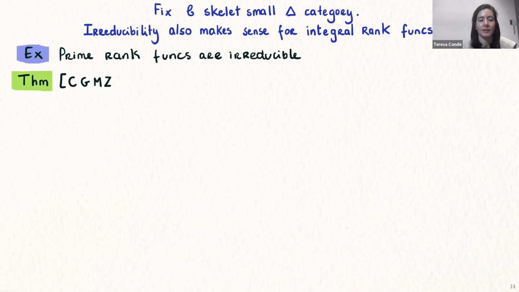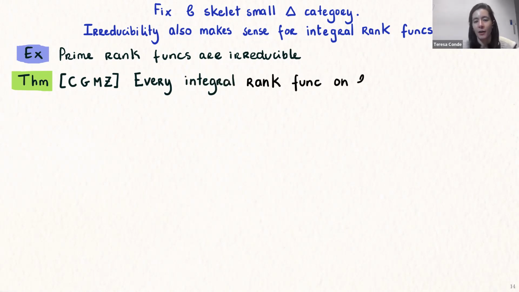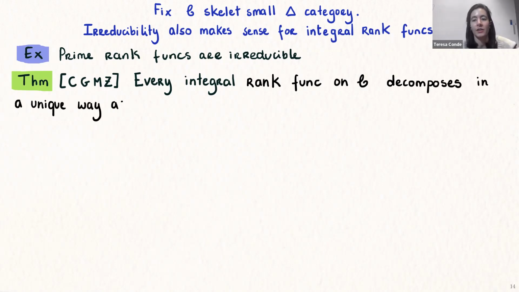We have the following theorem, which is an analog of the result of Crawley-Boevey we have seen before. Using our translation result and adapting it, we can prove that every integral rank function on C decomposes in a unique way as a sum of irreducible rank functions.